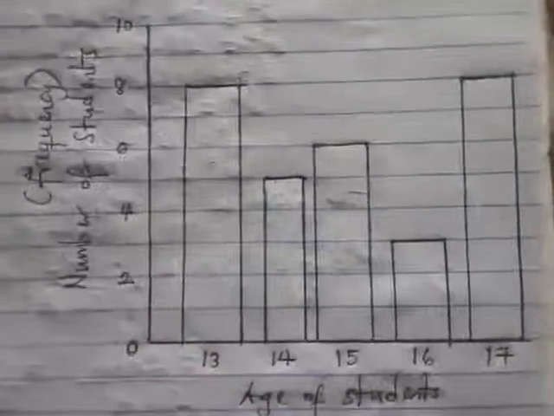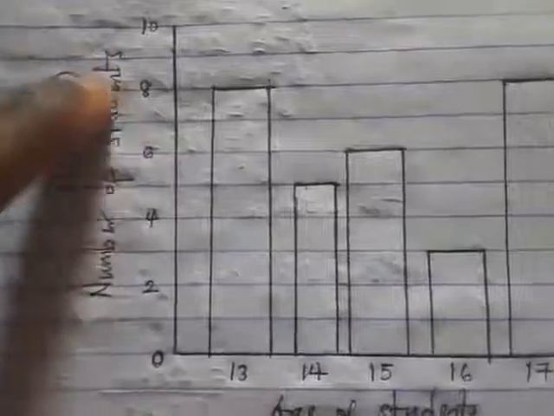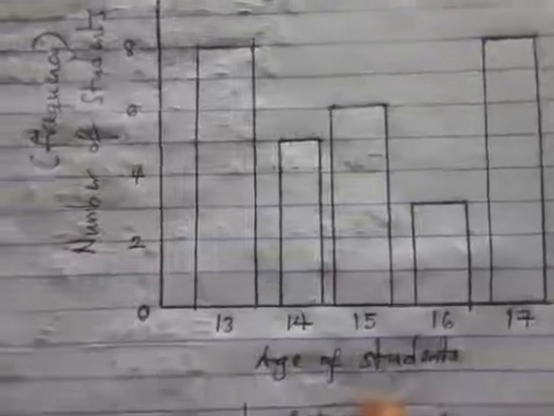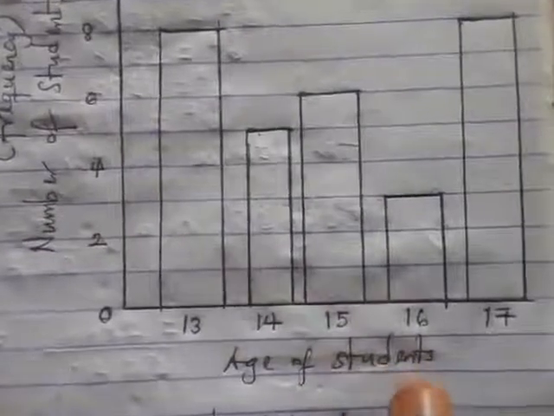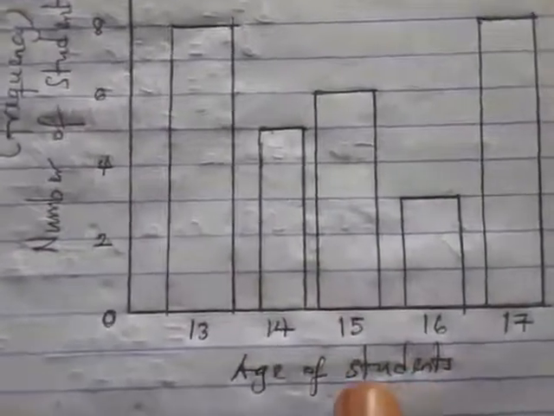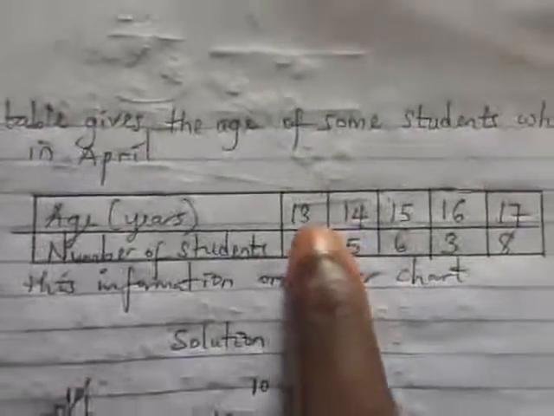So to draw our bar chart, all we have to do is write the number of students on our left hand side, and below we have the age of students. The age of students, according to the question, is 13, 14, 15, 16, 17.